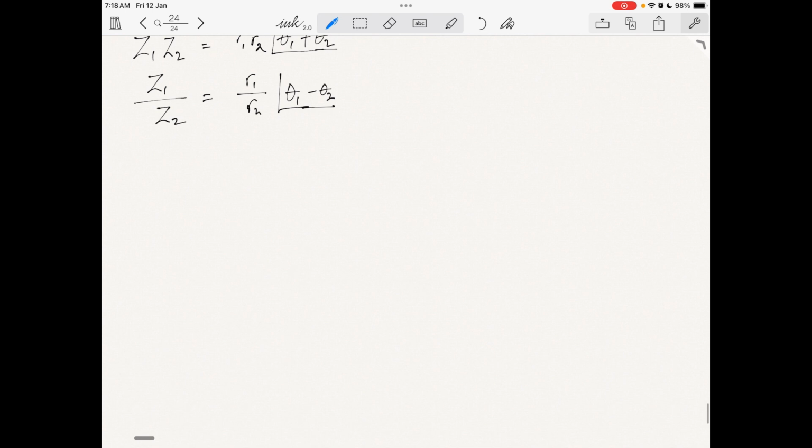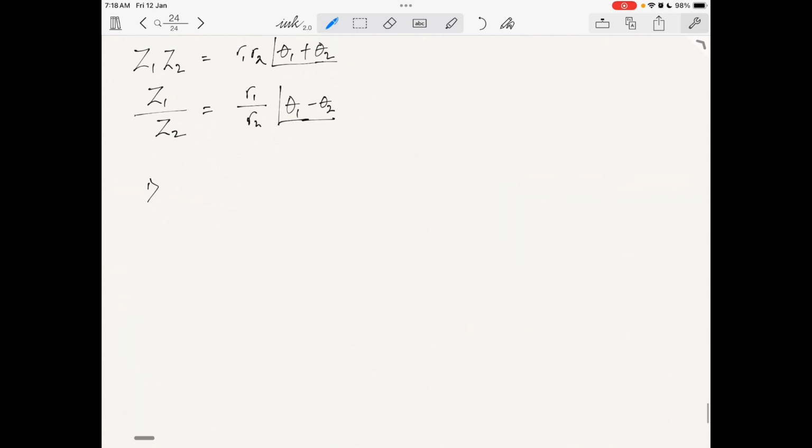Let's take for instance example one, where z1 is equal to 8 argument 65 degrees and z2 is equal to 4 argument 23 degrees.